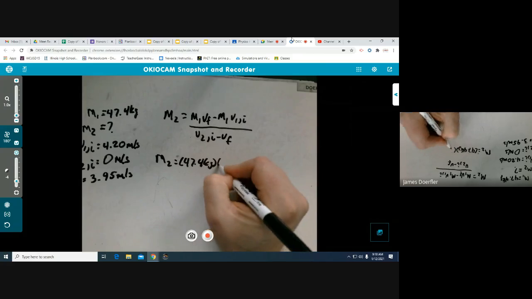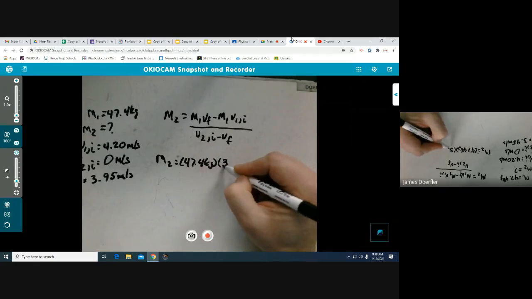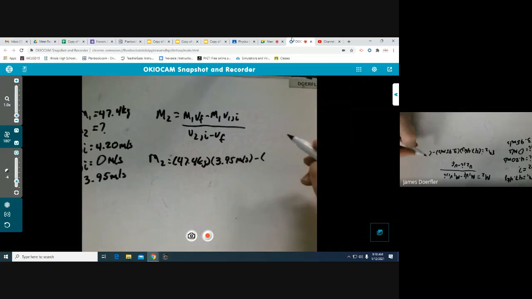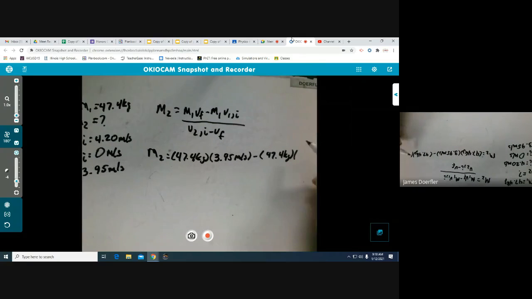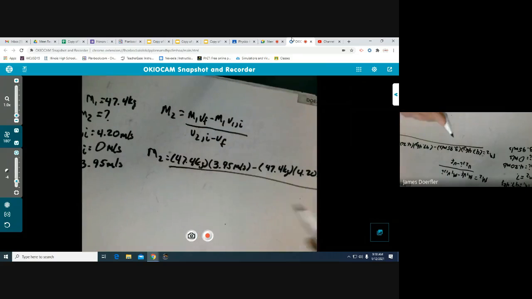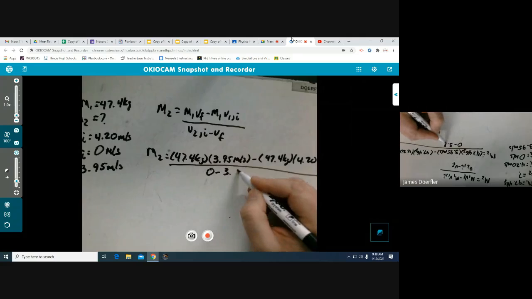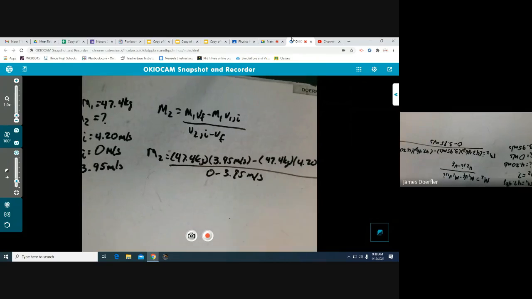47.4 kilograms times our final velocity of 3.95 meters per second minus 47.4 kilograms times 4.20 meters per second. And then we have 0 minus 3.95 meters per second. Okay.